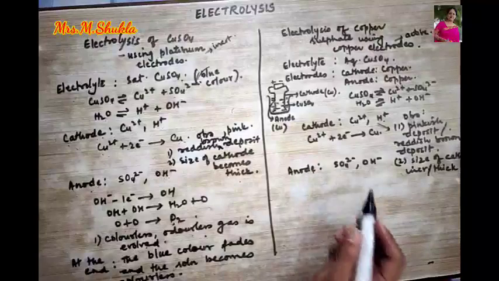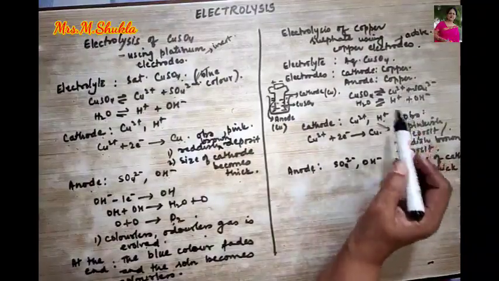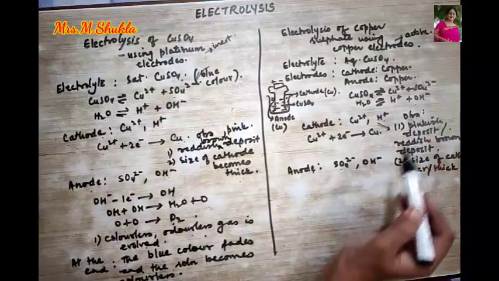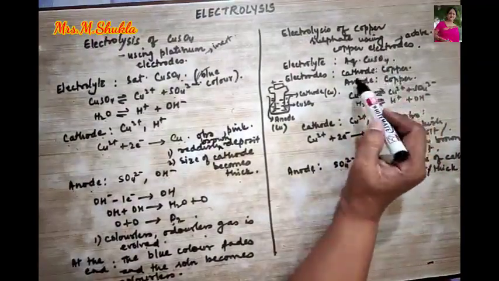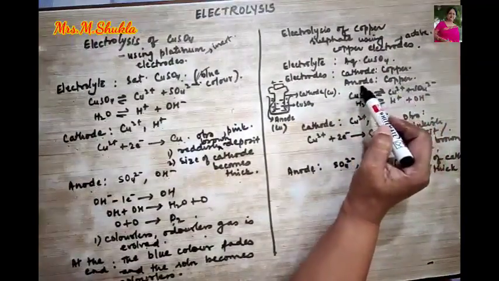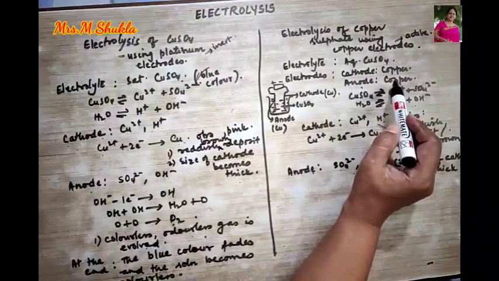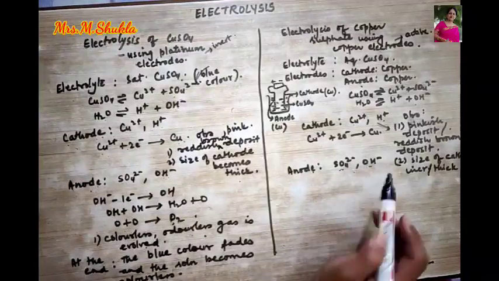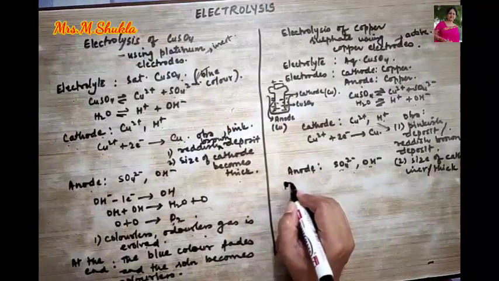Now let us see what happens at anode. At anode, sulfate ions are there and hydroxide ions are there. But do remember, anode is made up of copper. So over here preference will be given to the anode instead of these ions, right?